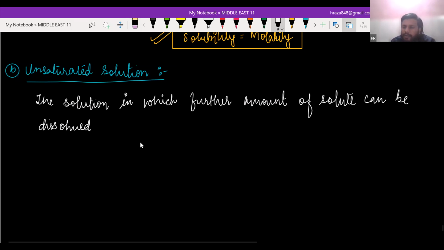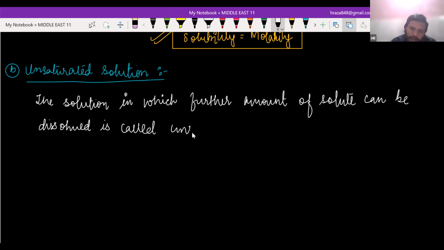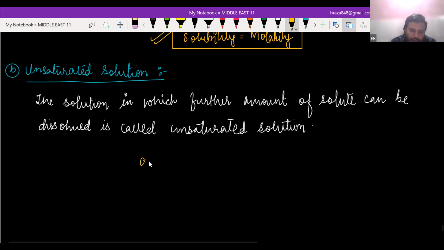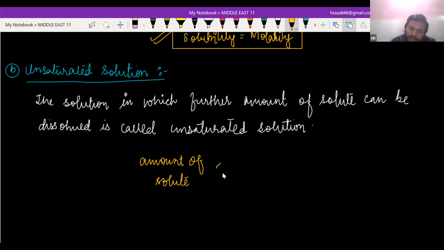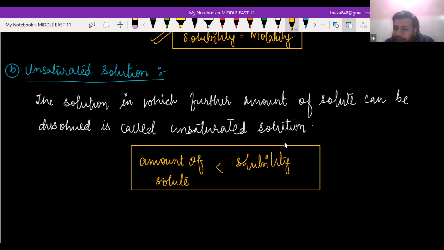That means after the maximum, a further amount of solute can be dissolved. In this case, the amount of solute is less than solubility, or you can say solubility is greater than the amount of solute, so that we can add some more solute to the solution. And the third is basically the supersaturated solution.